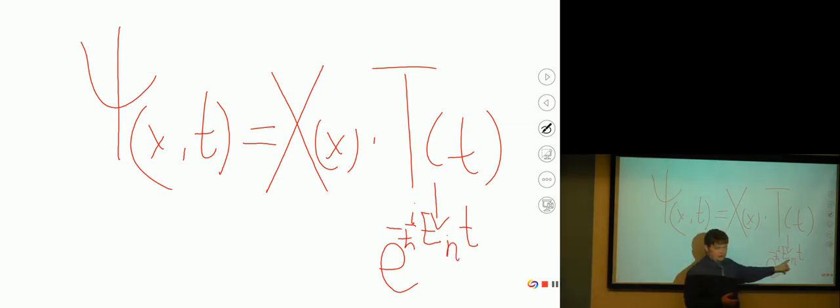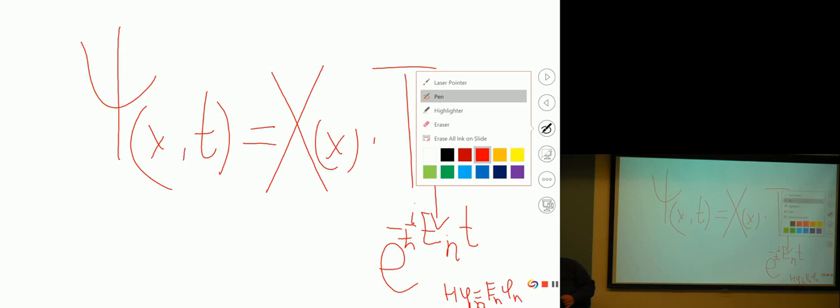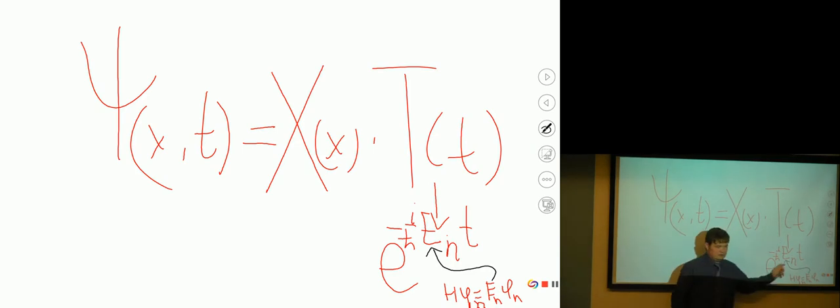The energy that comes out of the Schrödinger equation enters the time part of this factorization. Okay? So from H phi equals E phi, put it here, and this energy goes right into this oscillating factor.